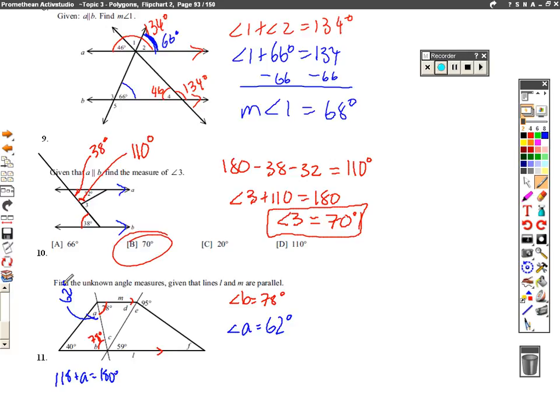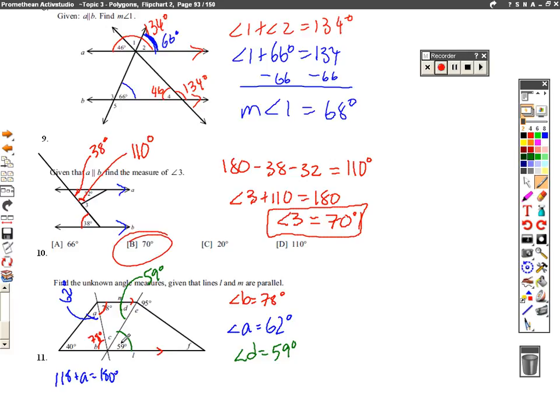Alright, same idea, different transversal. If this angle is 59, then angle D up here is also 59 degrees because they're alternate interior angles. So angle D is 59 degrees. Alright, let's look at this. We have 78 and 59 and we can get angle C right here.